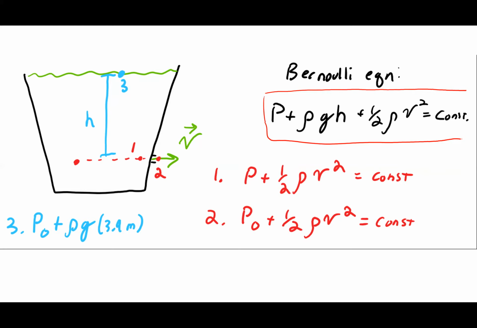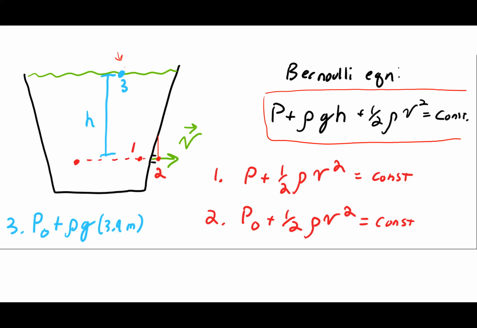For me, the most interesting points are probably the top of the bucket of water, the point at the height of the hole, and a point directly outside of the hole. If I find pressure at each of those points plus 1/2 rho v squared plus rho g h, I can set those 3 expressions equal to one another.